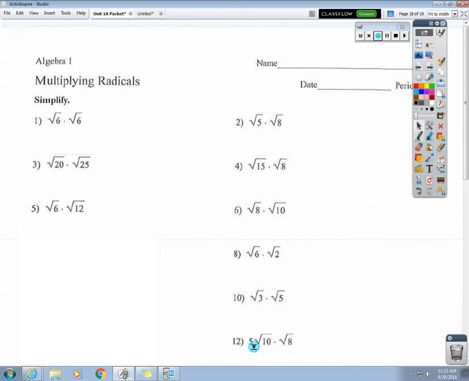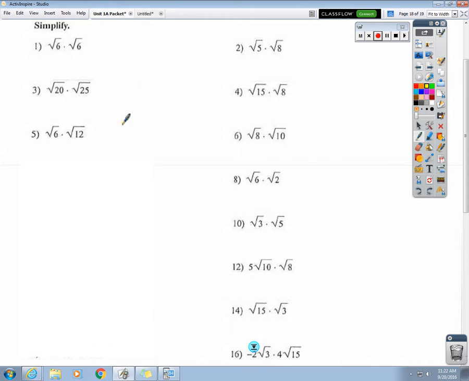Okay, right. The square root of 6 times the square root of 12 is the square root of 72, which you could then factor tree. What are the factors you want to use for 72? 6 and 12 would work. 8 and 9 would work. Okay? 6 breaks down into 2 and 3. 12 breaks down into 3 and 4, or 6 and 2. It doesn't matter.